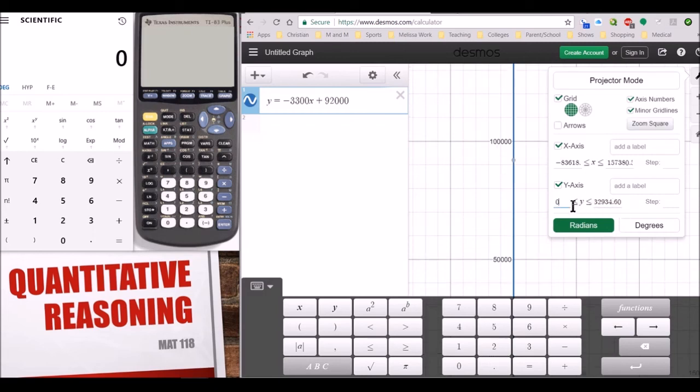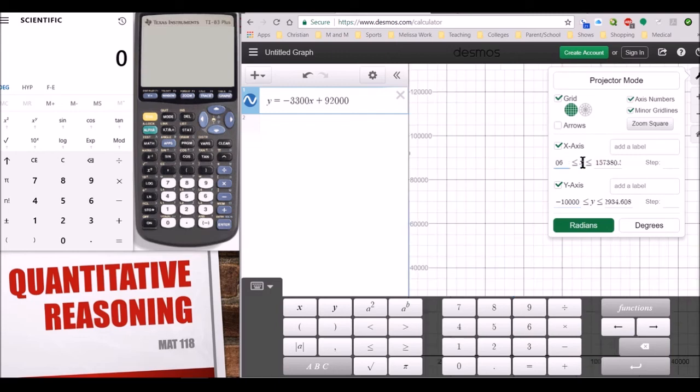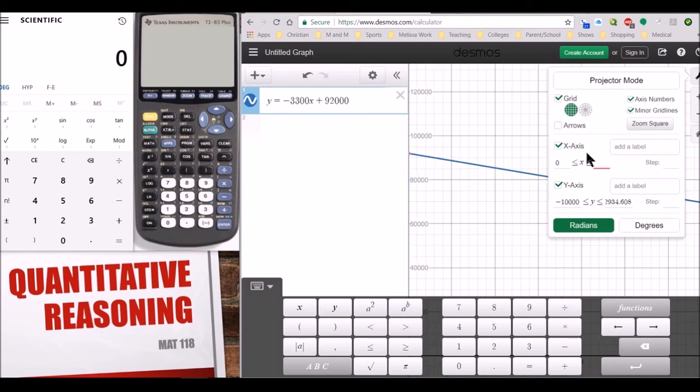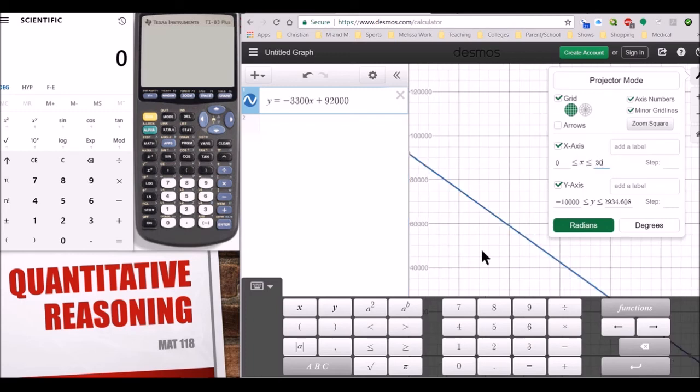And for the x-axis, we'll start at 0 and take it up to about 30 so we can see the graph.